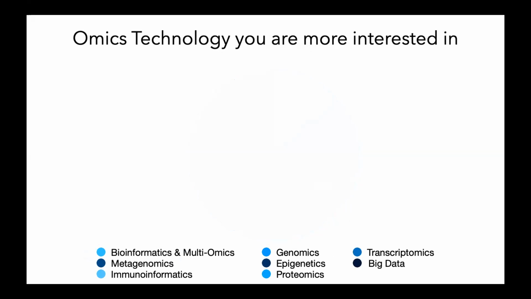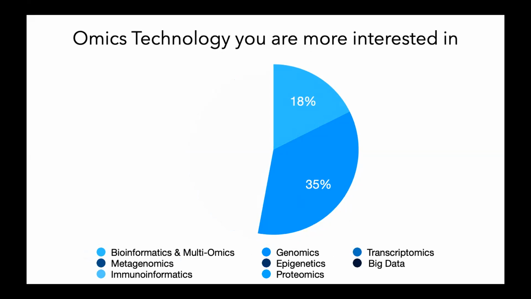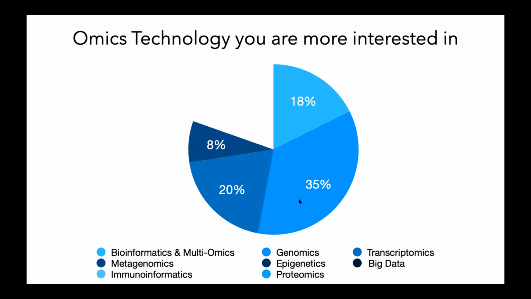We also asked our participants about the omics technology they were more interested in. So 18% said that they were interested in learning about bioinformatics and multi-omics as a whole. 35%, which is a majority, wanted to learn more about genomics. 20% about transcriptomics, 8% metagenomics.